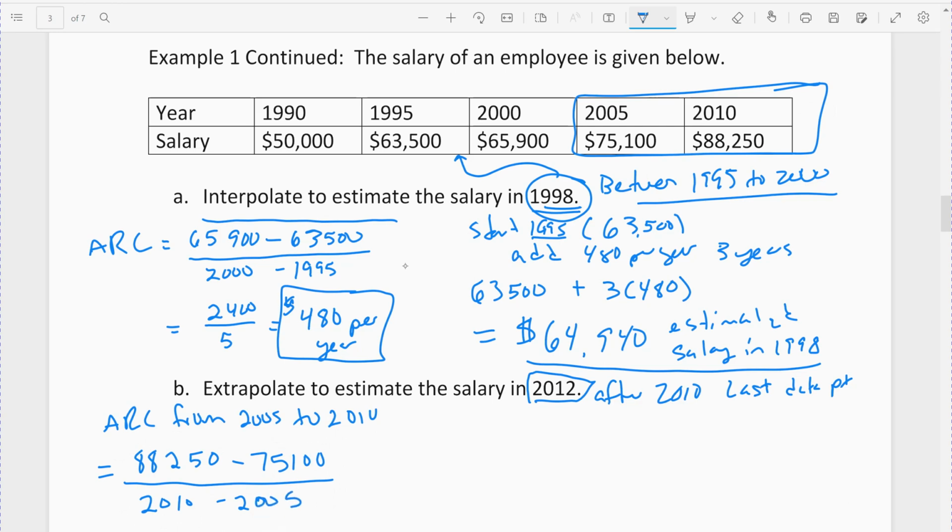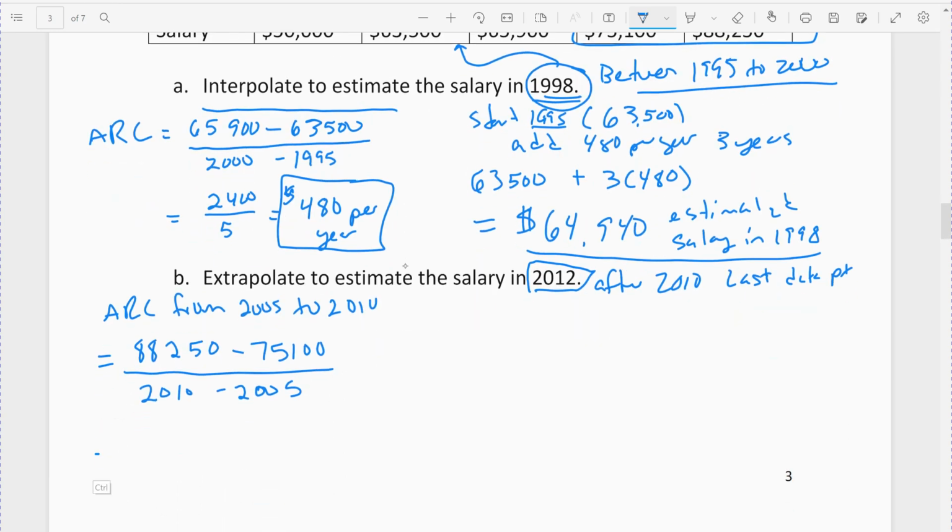All right, so up top, I take the subtraction, the change in the salary from 2005 to 2010, which was $13,150, divided by the 5 years. All right, so you take the $13,150, comes out to be $2,630 per year. So actually, between those years, the salary grew by a lot more than it did between 95 and 2000.